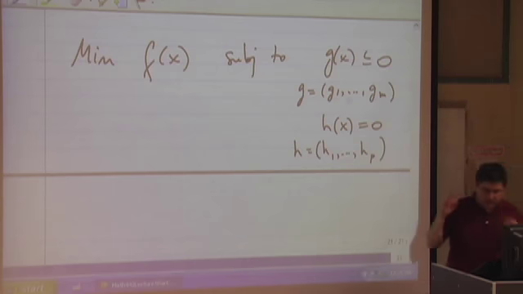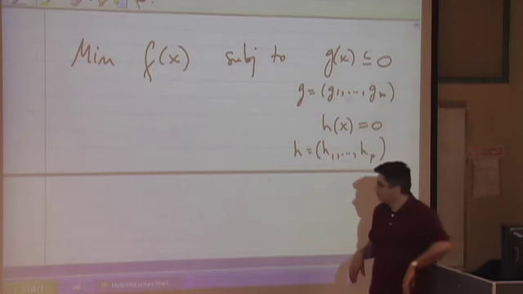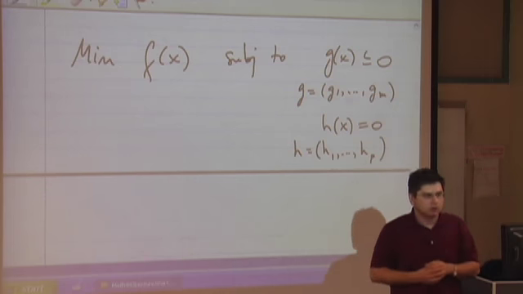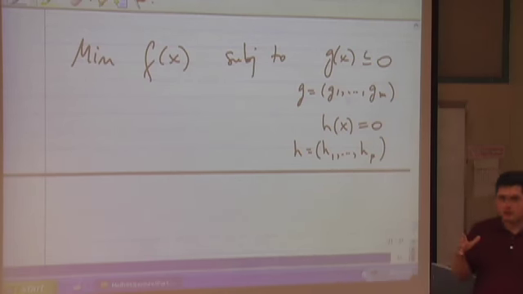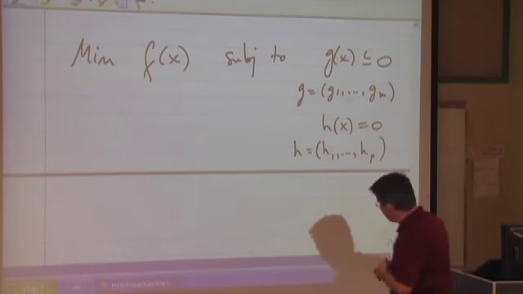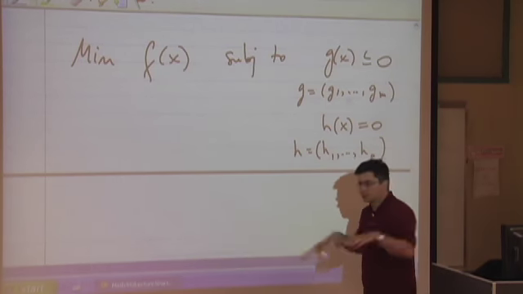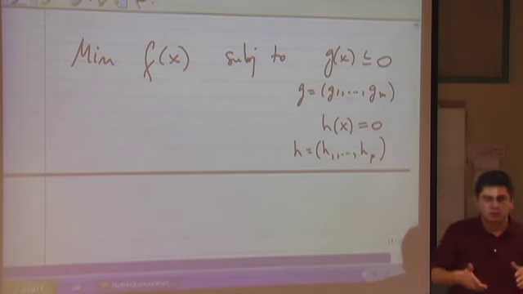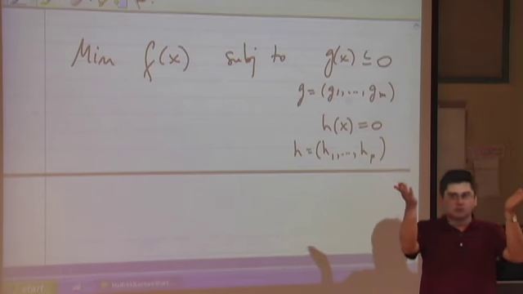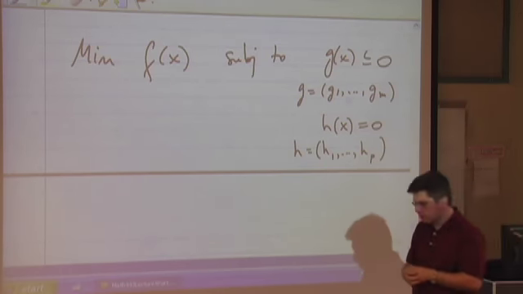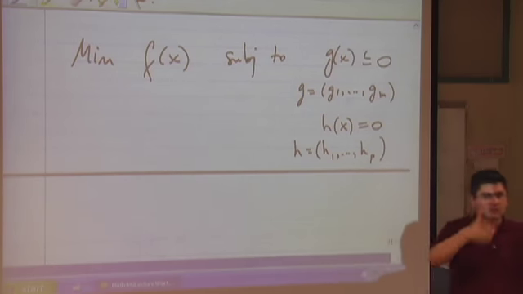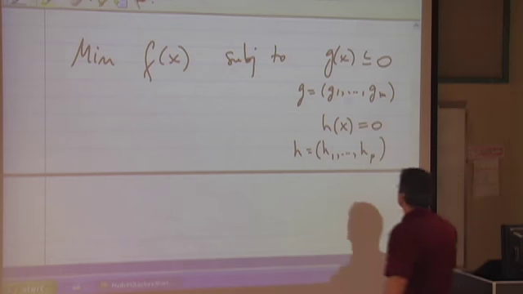Well, I gave an example last time where the feasible set was given by two inequalities in the plane. One inequality was restricting the variables to inside of the disk, and another was restricting further to inside the disk and inside of this hyperbola, right? So you have two inequality constraints.